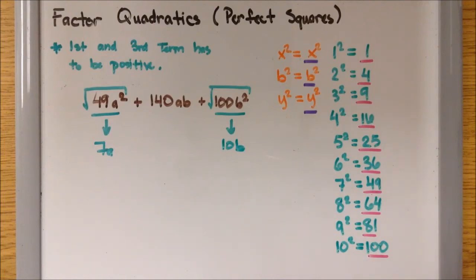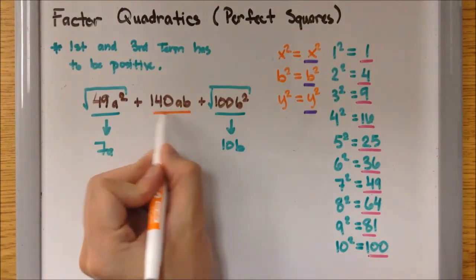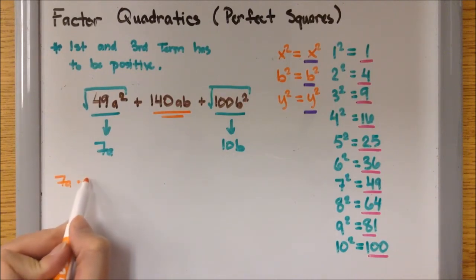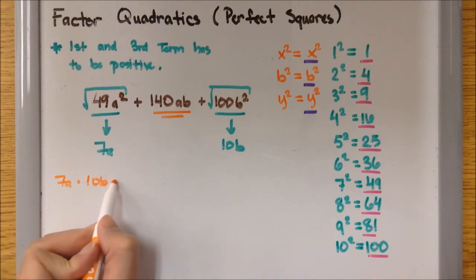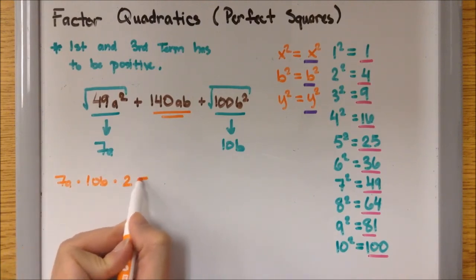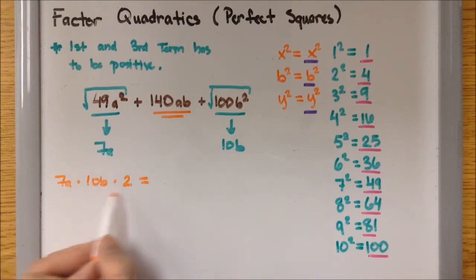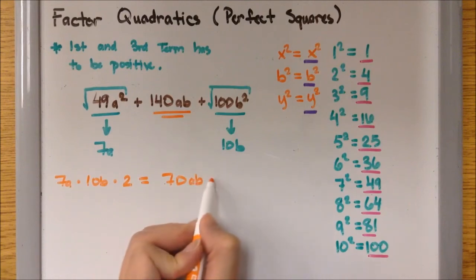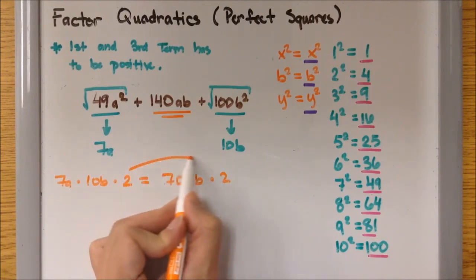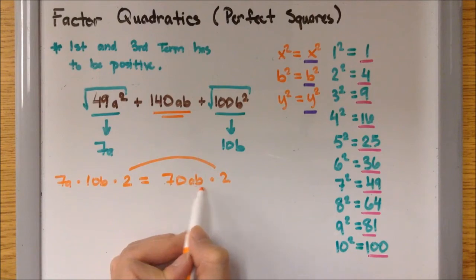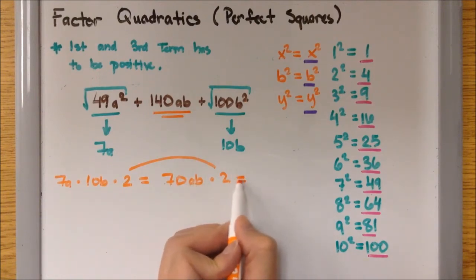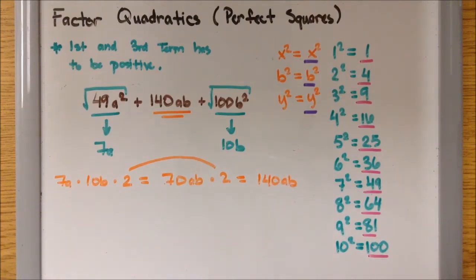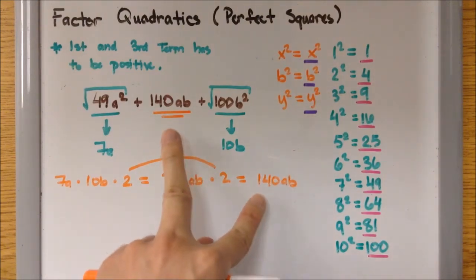Next, we're going to check the middle term. So the first term, 7a, times the third term, 10b, times 2. 7a times 10b will be 70ab, and then I'll bring over the 2. So 70ab times 2 will become 140ab. So it does match with the middle term.